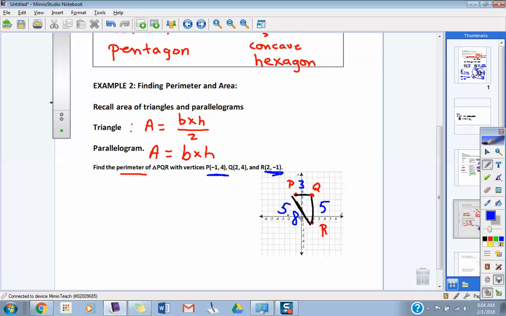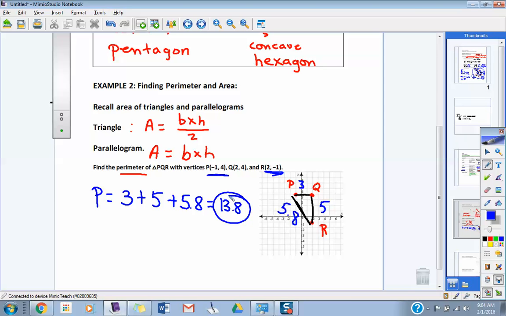So the perimeter of this, help me out here guys, what plus what plus what? Go ahead, Jacob. 5.8 plus 5 plus 3. Good. And what's that equal, kids? What's that going to equal? 13.8. Excellent. About 13.8 units.